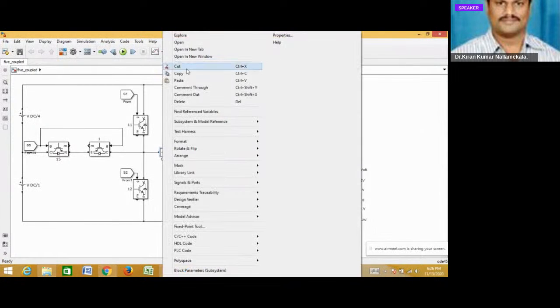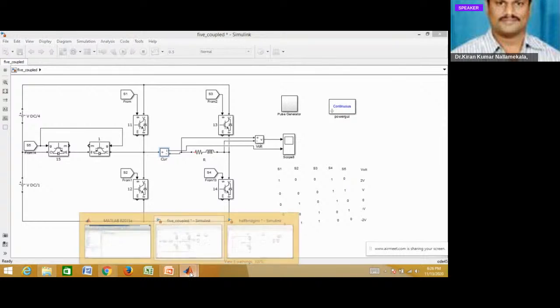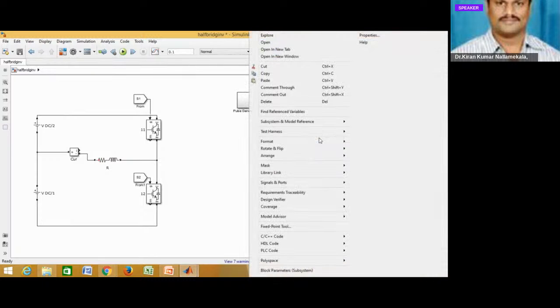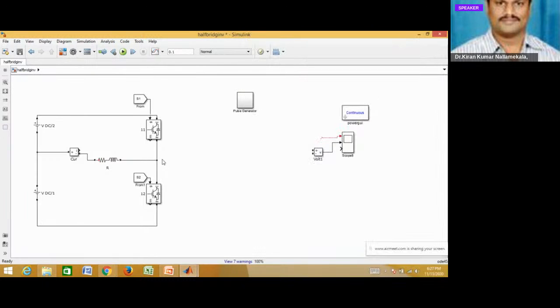Take the current measuring device, connect here, and a voltage measuring device, connect here. Voltage is between the positive and negative terminals of the load.